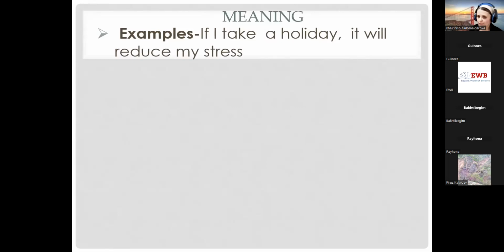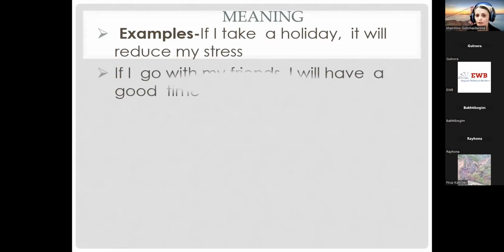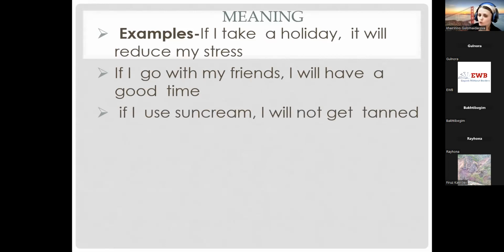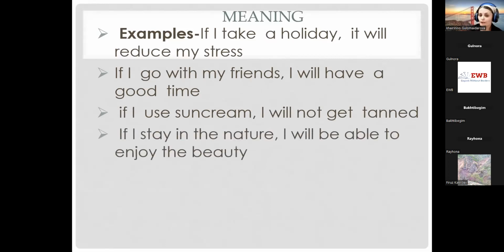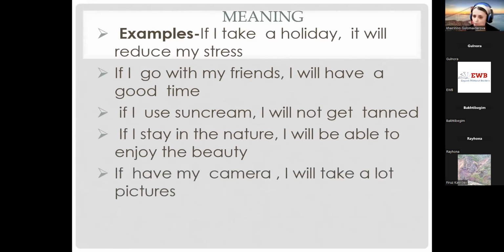For example, if I take a holiday, it will reduce my stress. If I go with my friends, I will have a good time. If I use sunscreen, I will not get tanned. If I stay in the nature, I will be able to enjoy the beauty. And if I have my camera, I will take a lot of pictures.